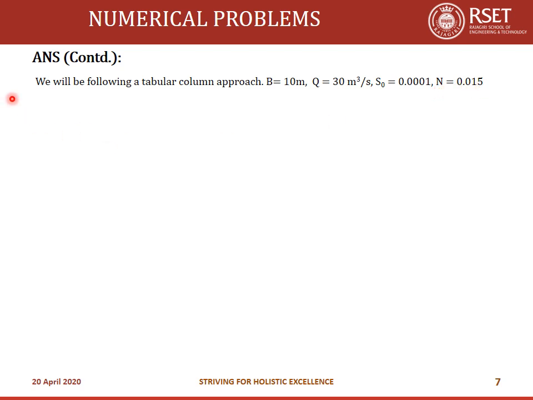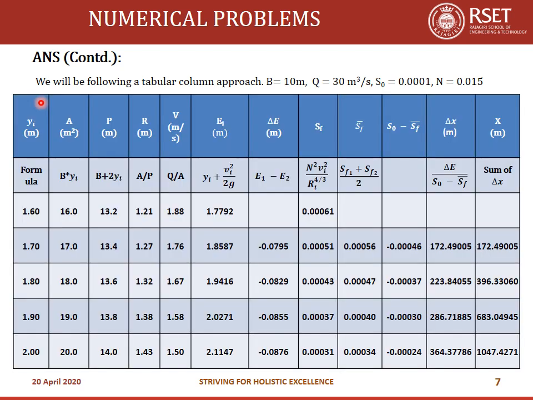The table is going to appear all of a sudden, so it will look very large and might look complicated, but please work out or draw the table and start working out along with me. You will find it easy. This is the table that is going to be used to find out the length of the GVF profile.